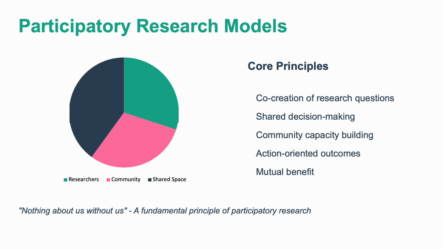Participatory research models flip traditional approaches. Instead of researchers studying communities, researchers work with communities as partners. Core principles include co-creation of research questions, where communities help decide what to study; shared decision-making throughout the process; community capacity building, research that strengthens communities; action-oriented outcomes, research that leads to change; and mutual benefit.